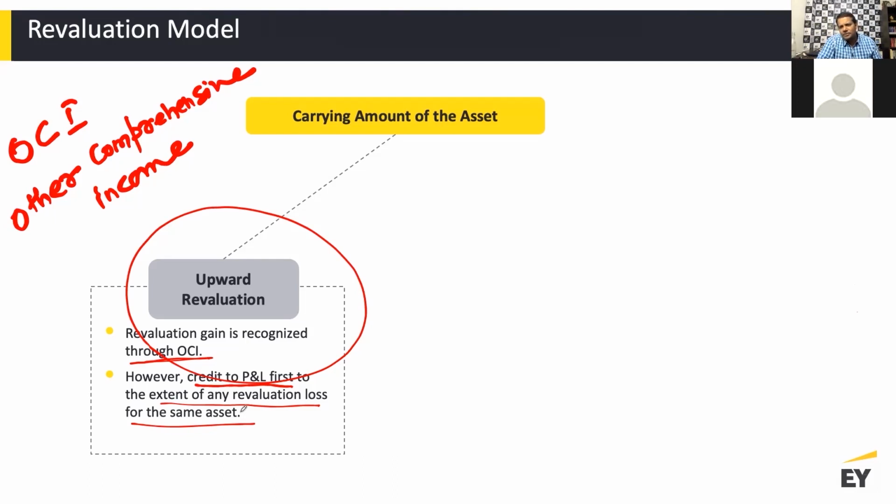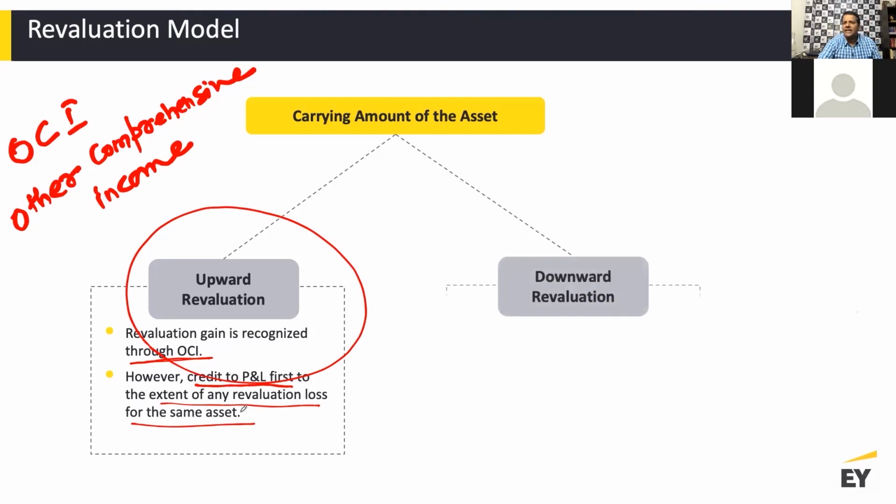In other words, in no situation will the upward revaluation from the carrying amount of the asset go to profit and loss account. But if it resulted in a downward revaluation and there's a debit to the profit and loss account, and in a future period the asset value recovers, then you again recoup that gain through the P&L. We'll try and understand this with the help of a few examples as well.